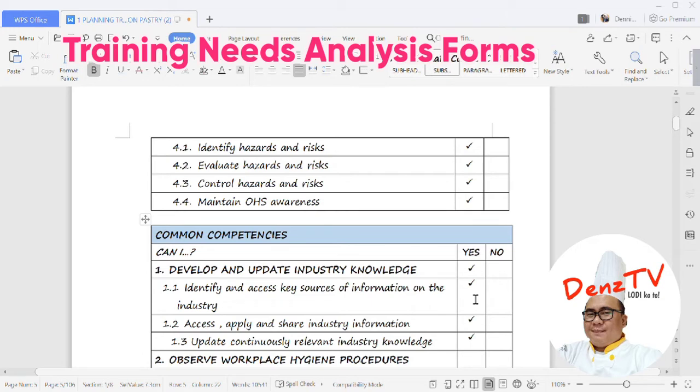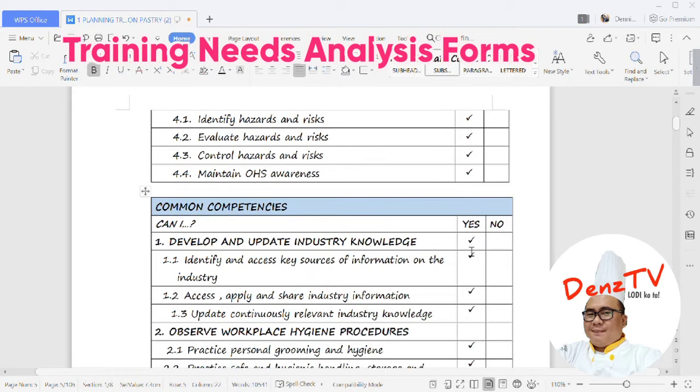This means that learner number 2 has zero knowledge about this qualification. But learner number 1, as I said earlier, answered almost all of the competencies except one core.